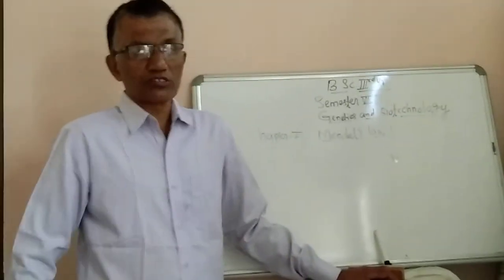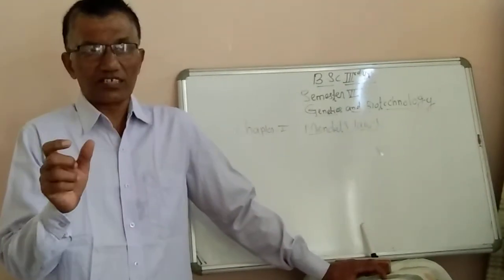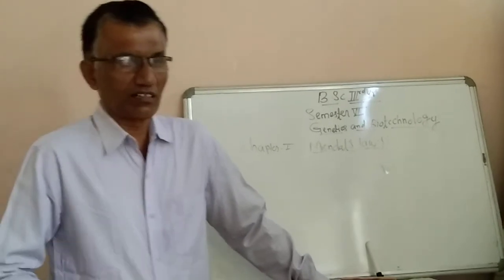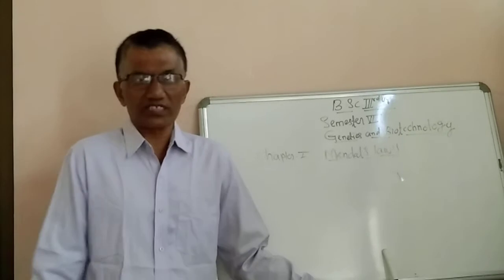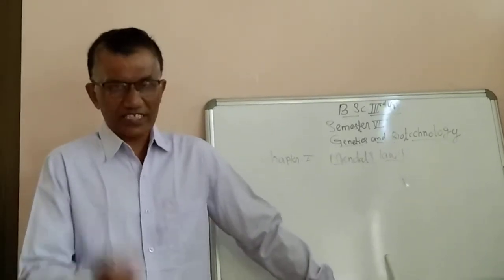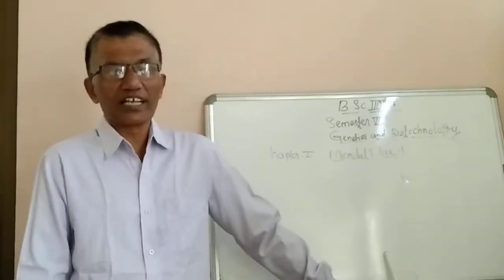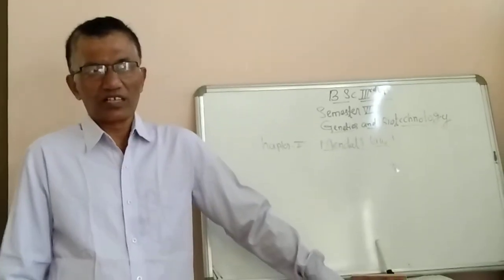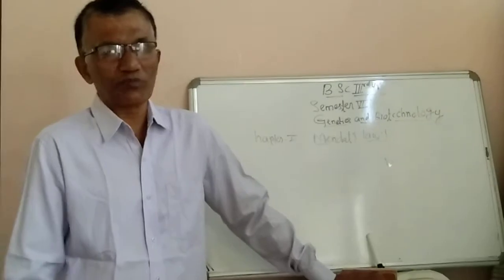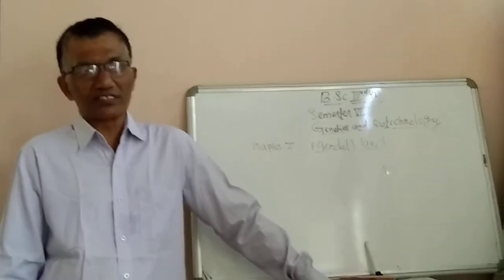Yesterday we also discussed the seven pairs of contrasting characters he took under consideration to prove the inheritance of characters from one generation to another. As we know, he performed his experimental work on pea plants.